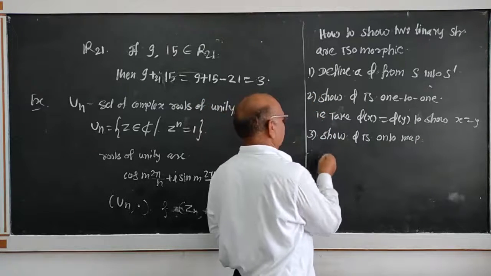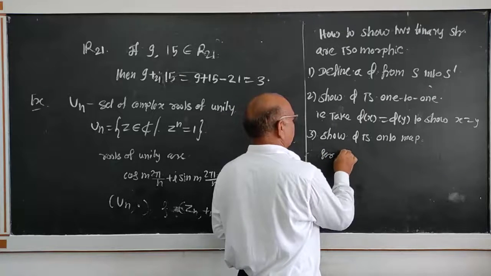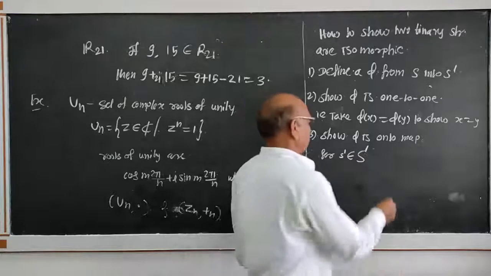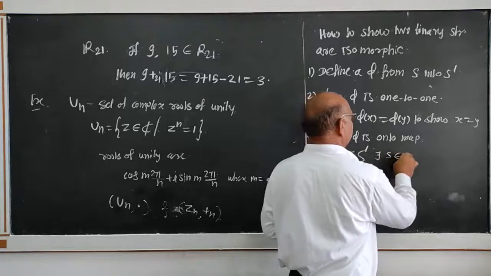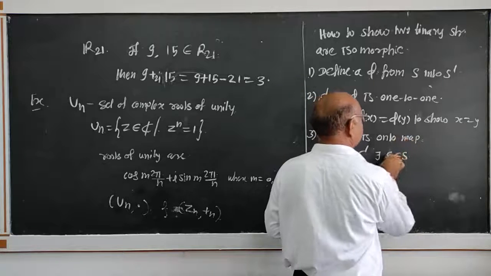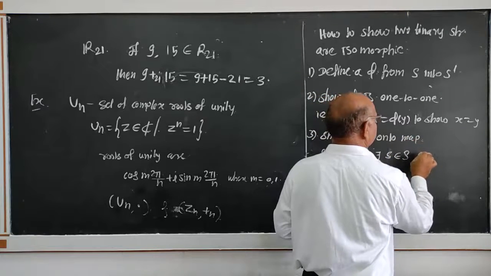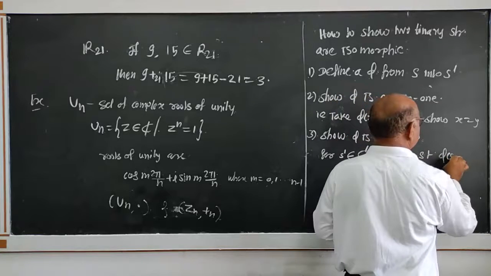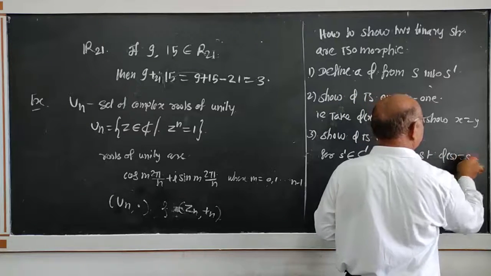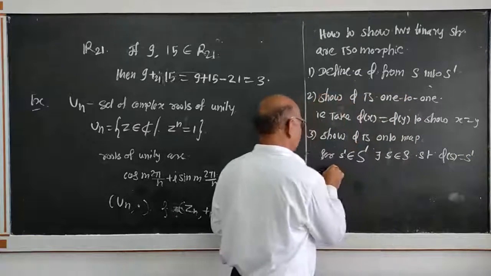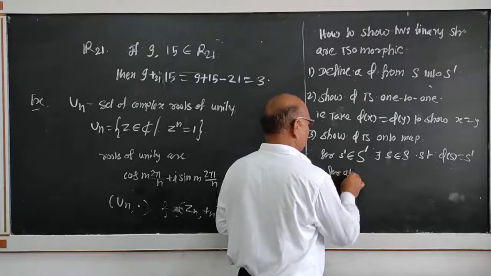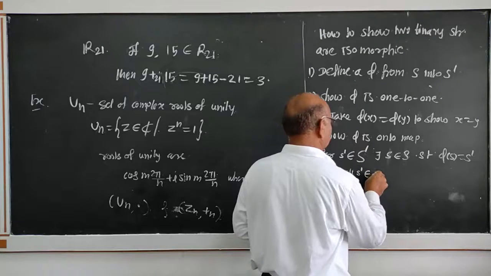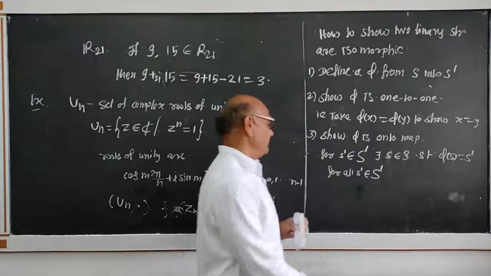That means for every s' belongs to capital S', there exists small s belongs to capital S such that phi of s is equal to s', for all s' belongs to S'.